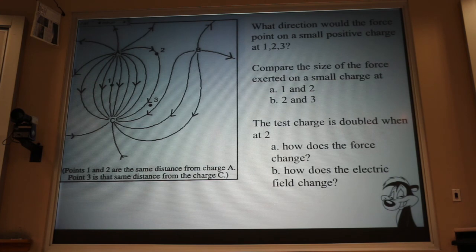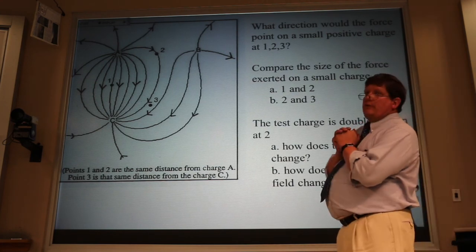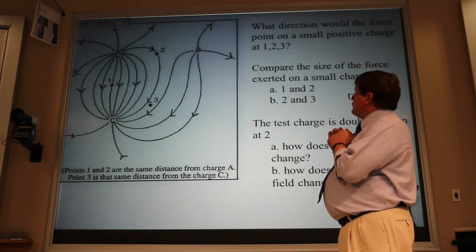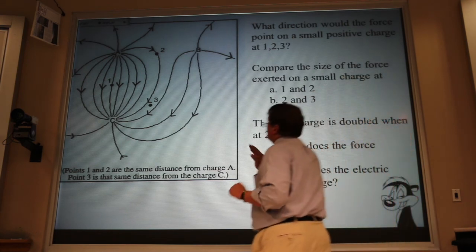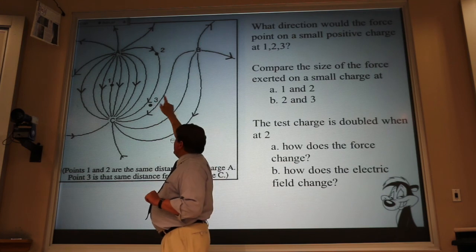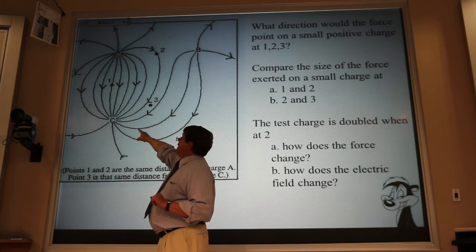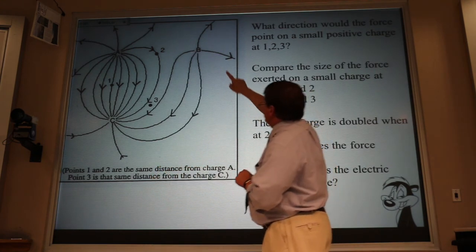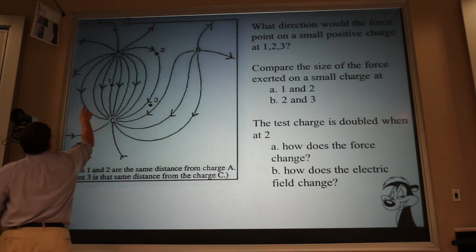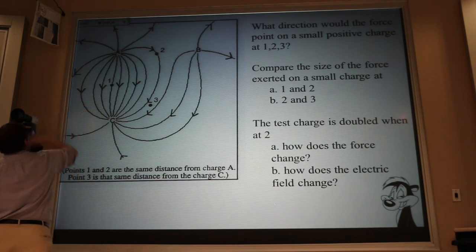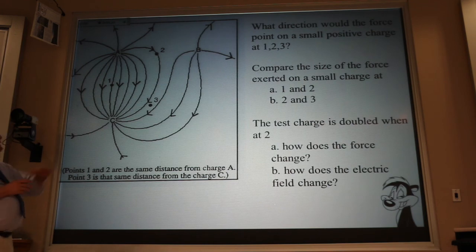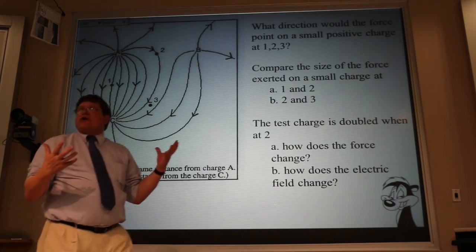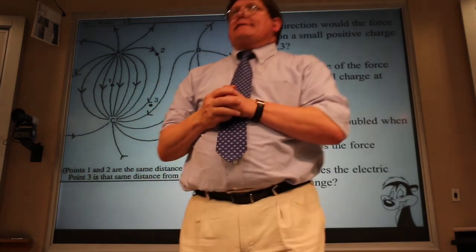Now, here is a representation of electric field lines. You can see that these fields are caused by a positive charge A, a negative charge C, and a positive charge B. You can also see, because there's 1, 2, 3, 4, 5, 6, 7, 8, 9, 10, 11, 12, 13, 14 field lines coming out of A, and only 5 coming out of B, that A is going to be a bigger charge by a ratio of 14 to 5.